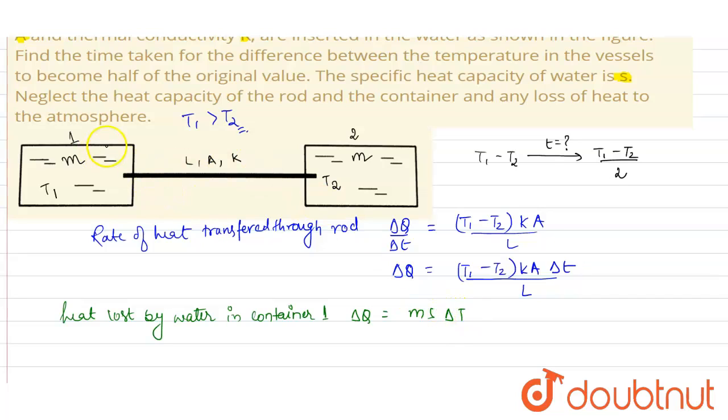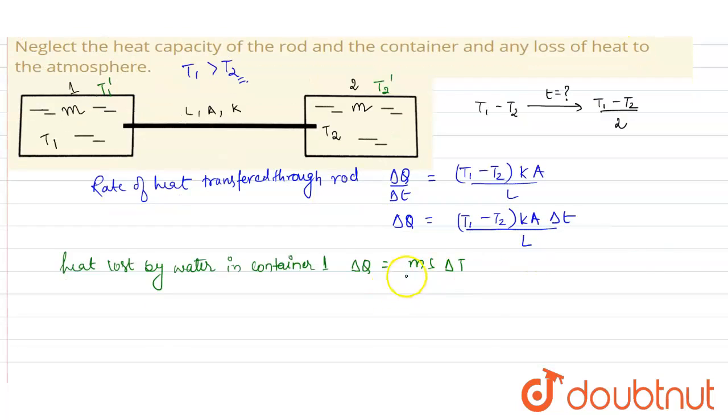Let us suppose the final temperature of the water in container 1 is T1 dash and in container 2 is T2 dash. So delta Q will be m s (T1 minus T1 dash), initial temperature minus final temperature. This much heat will be lost by the water in container 1, and this much heat is conducted by the rod.